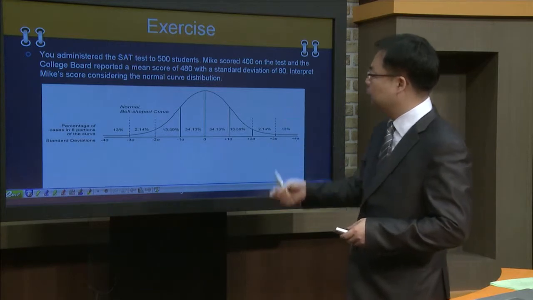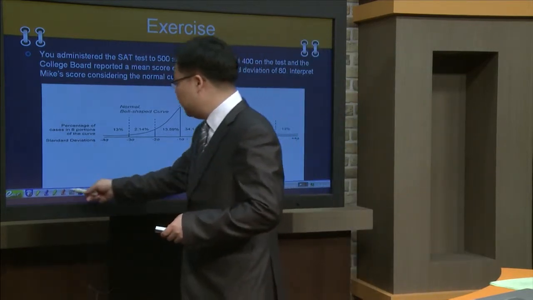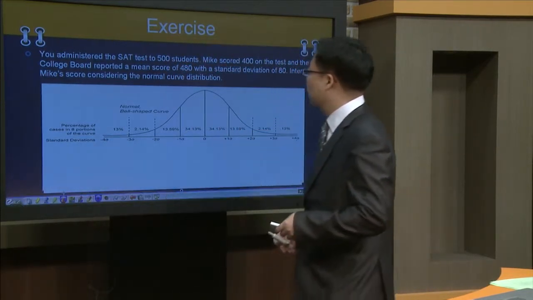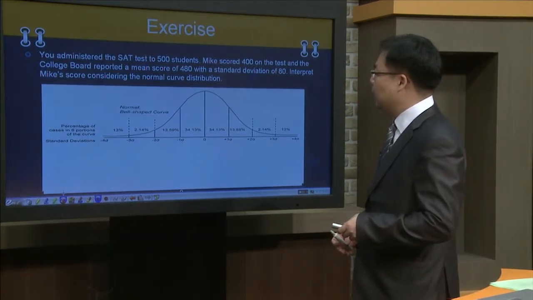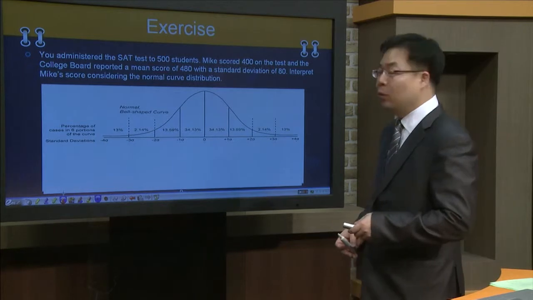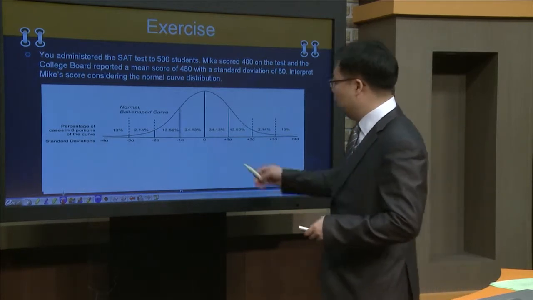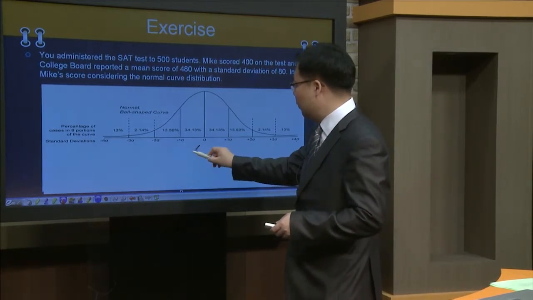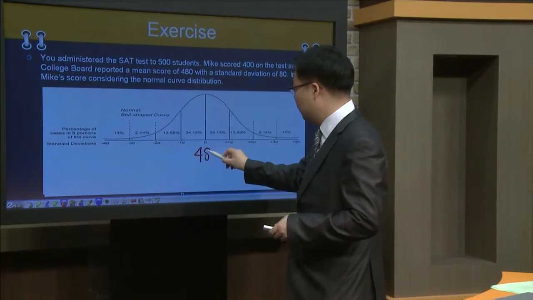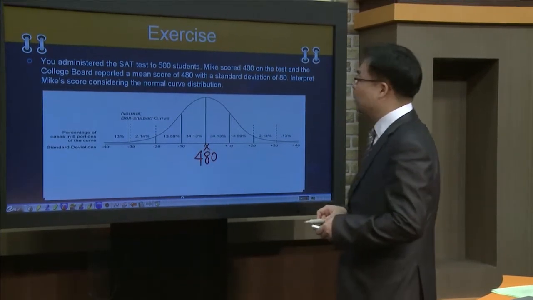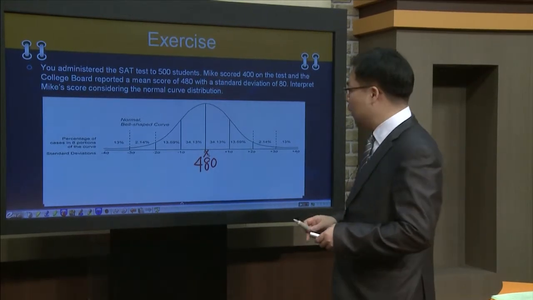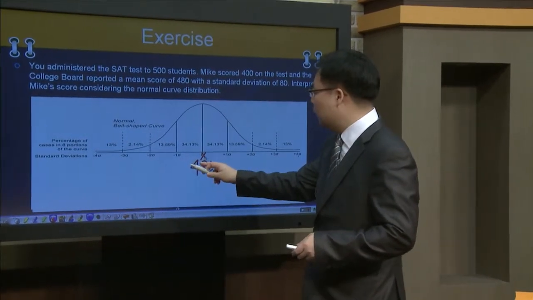So in this case, Mike scored 400, and the mean score was 450. Okay, so this is the mean. So this is 450. This point. And the standard deviation was 80, and we see some 80 here.